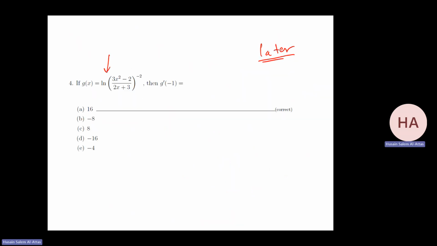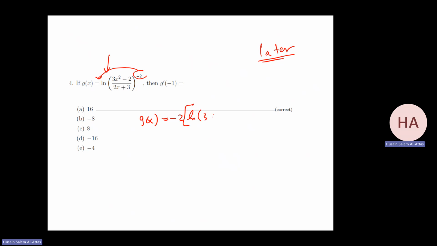Ln of this. Yeah, remember I said we'll do it later. Now let us do it. What I will do first, I need to simplify the function. This minus 2 will come there. So I have minus 2 ln. This is a quotient.